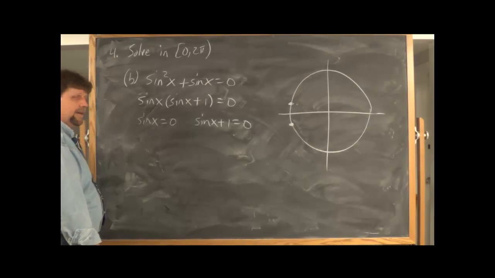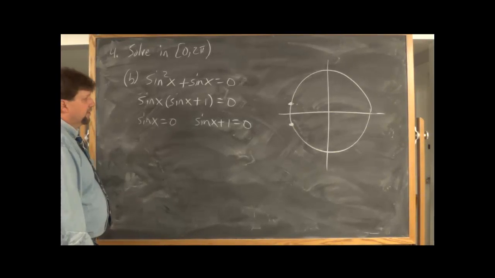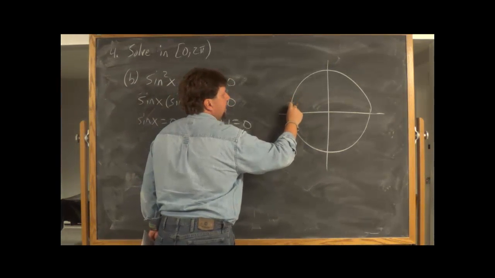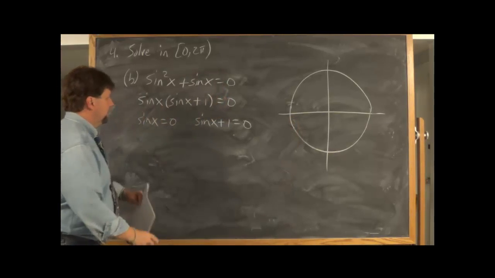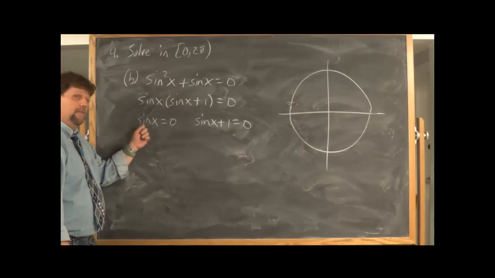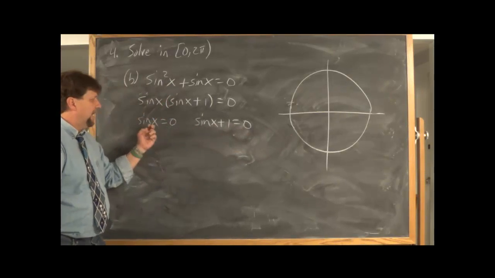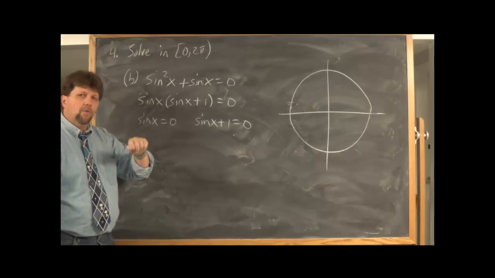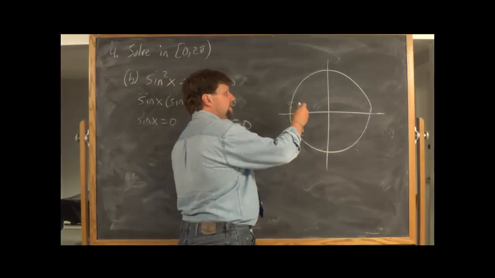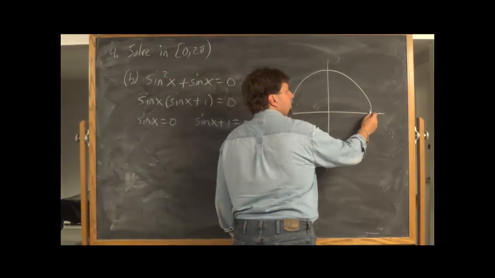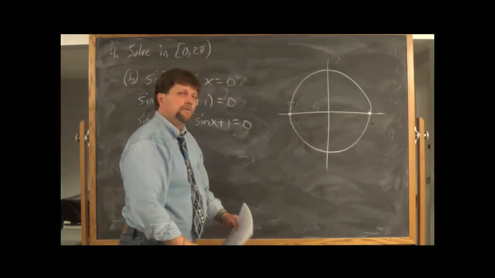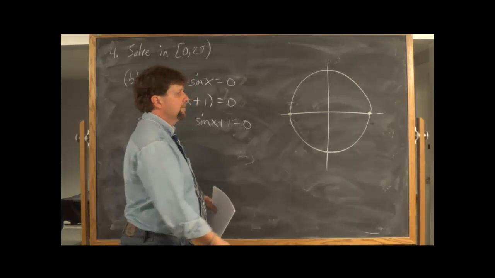And, well, we're coming back to the unit circle again. Let me erase those points. That was from part A. When I look at this, sine x equals 0, if I know on the unit circle that sine matches up with a y-coordinate on a point, then I know sine has a value of 0 at that point and at that point, because both of those points have a y-coordinate of 0.